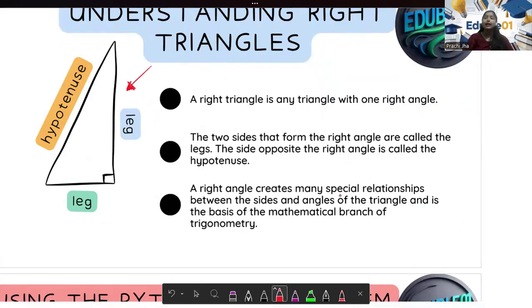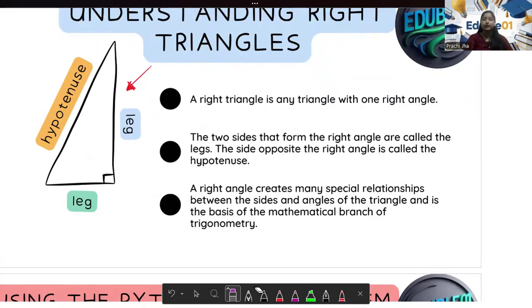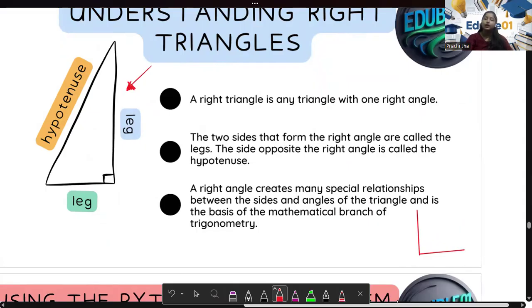A right angle, we by now know, is a 90-degree angle made like this: basically two straight lines, one standing and one lying. Now, if you join this and make it a three-sided figure, that becomes a right angle triangle.